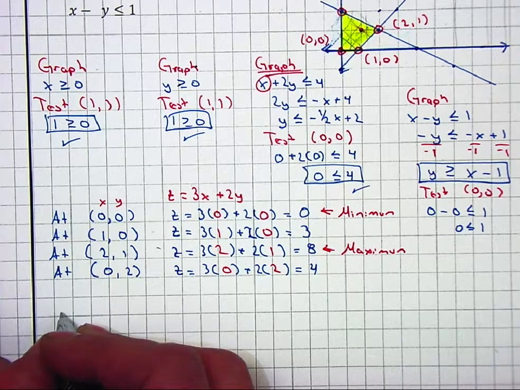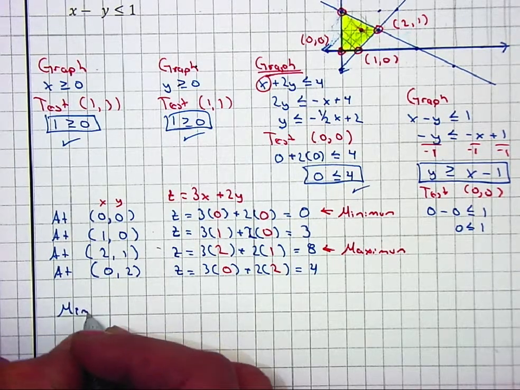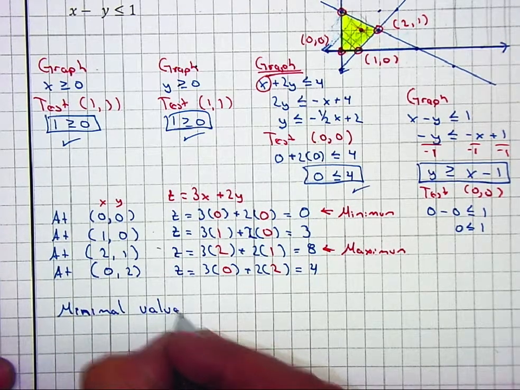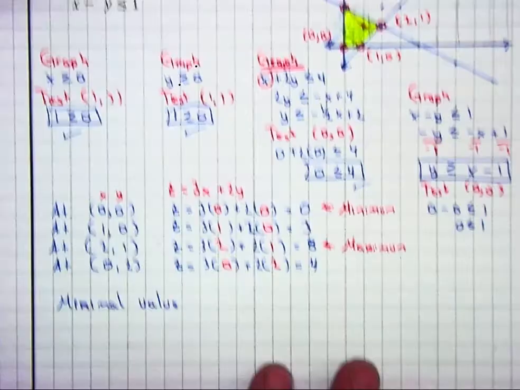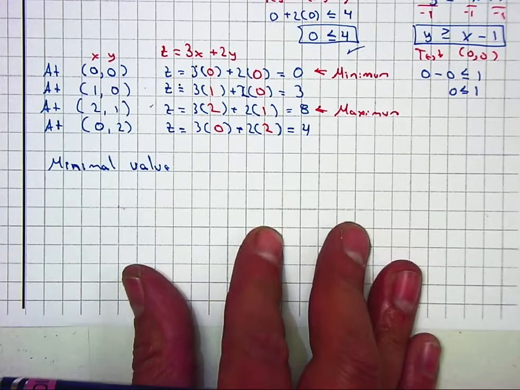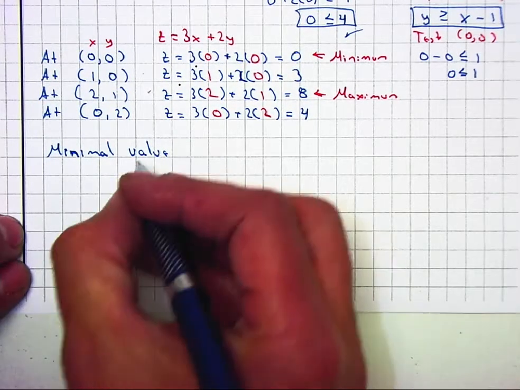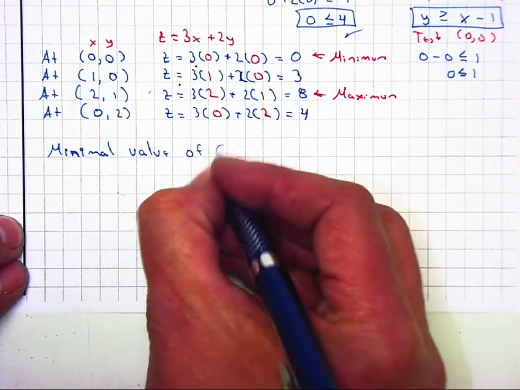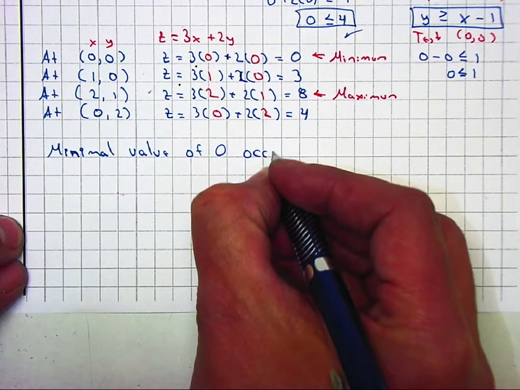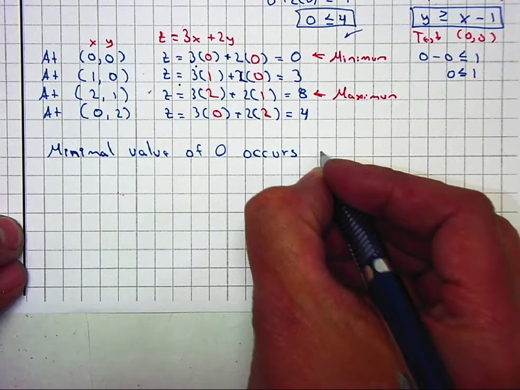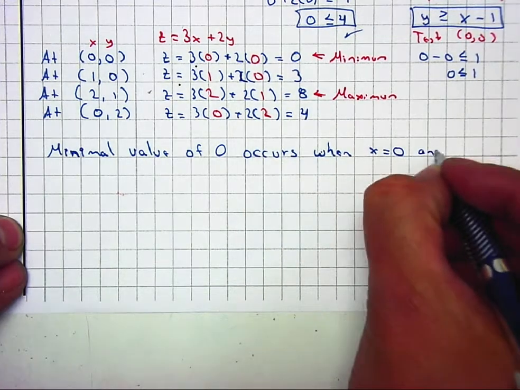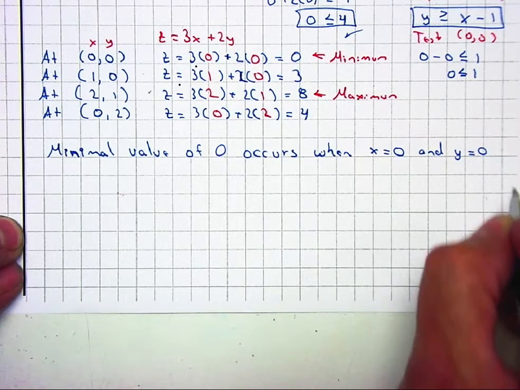Minimum value of 0 occurs when x is 0 and y is also 0.